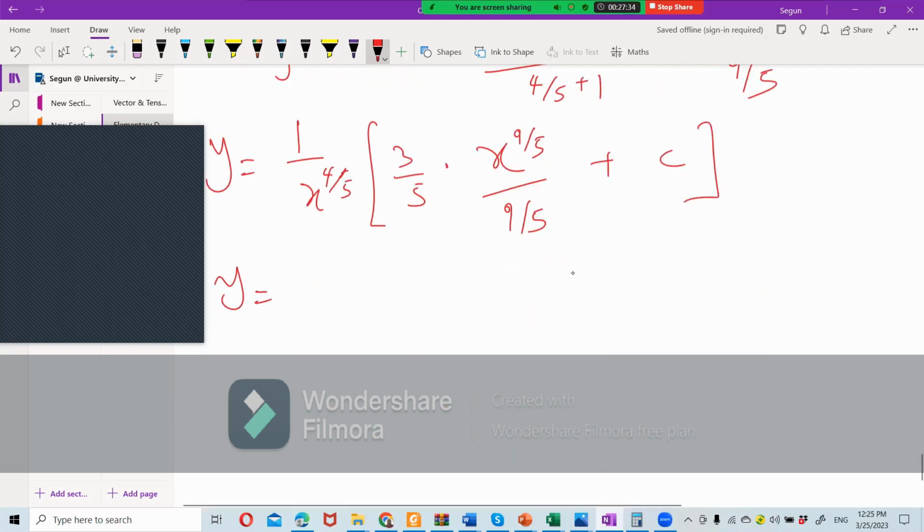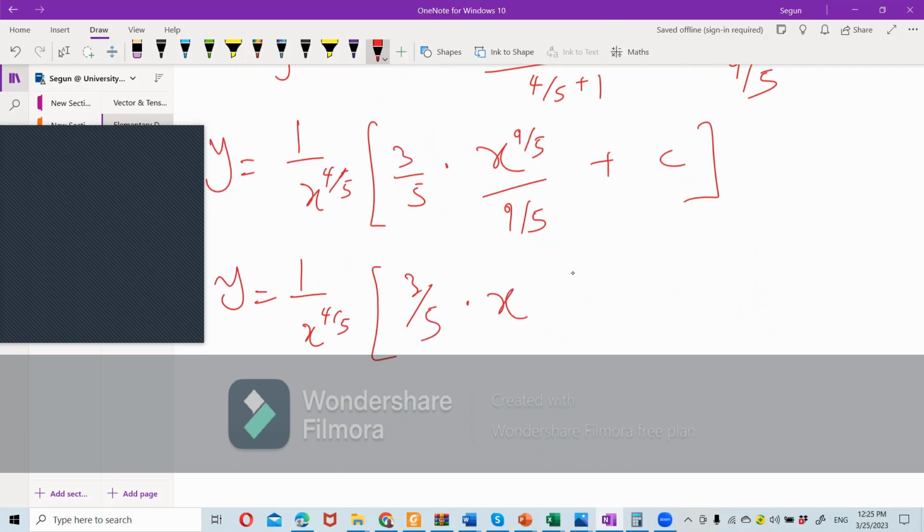So we have y equal to 1 over x raised to power 4/5, times 3/5 dot x raised to power 9/5 multiplied by 5/9 plus c.